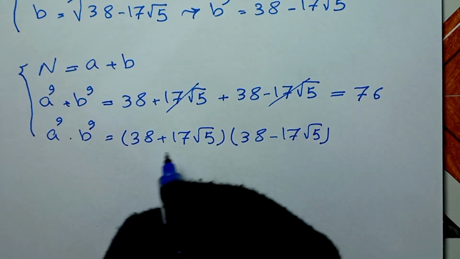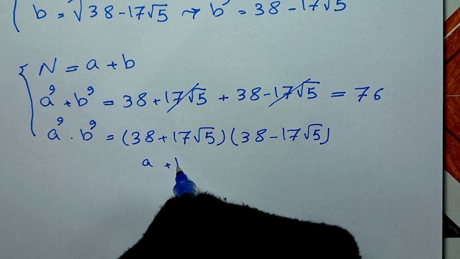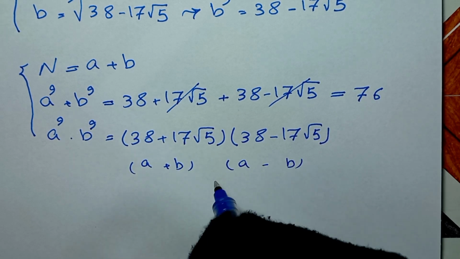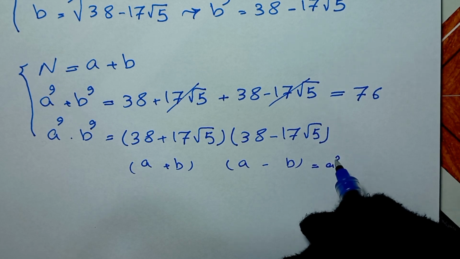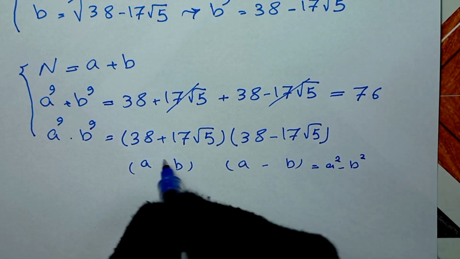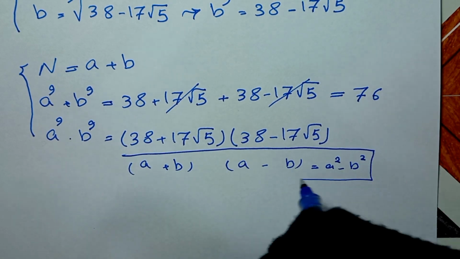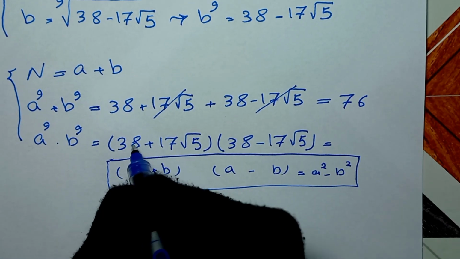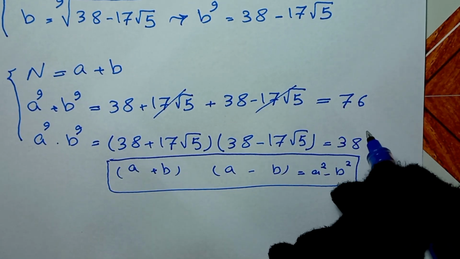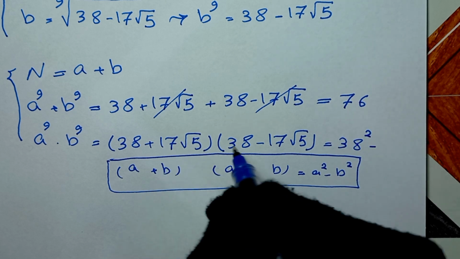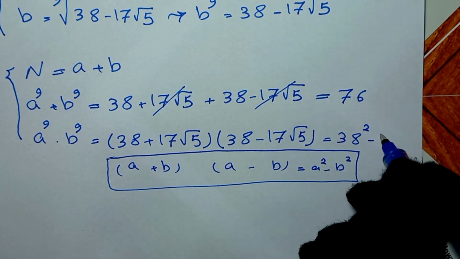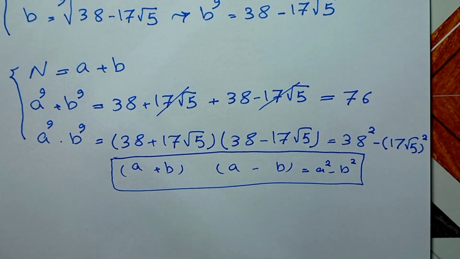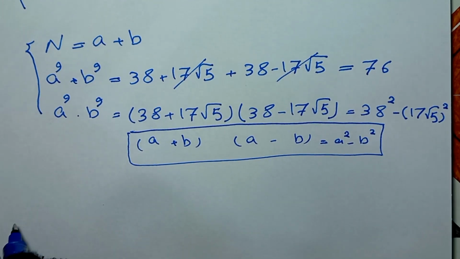And here this is in the form of a plus b, right, times a minus b, right? And this is equal to a square minus b square. So in here it will be 38 square minus 17 square root of 5 square, right? So 17 square root of 5 square.